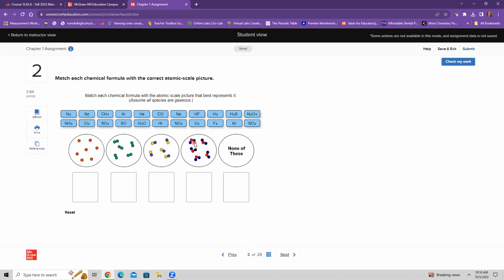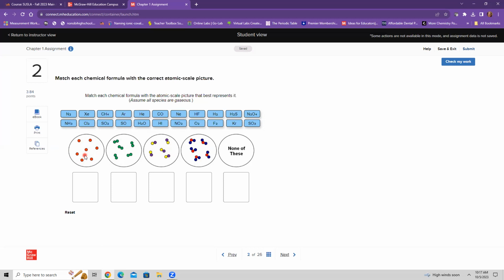Okay, so this is the part that's going to be a little weird for you. Okay, so if you look at it, right, you can see that these are all separate, right? And we know that all elements are represented by a symbol. And that symbol needs to start with a capital letter, and it may or may not have another letter.